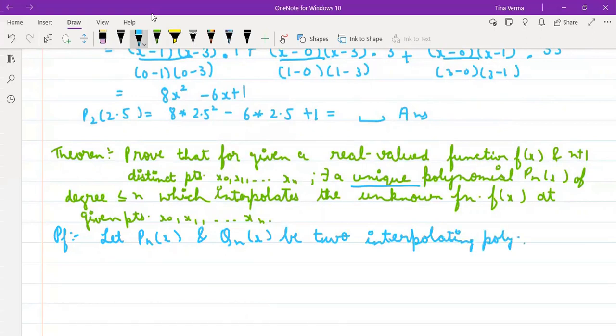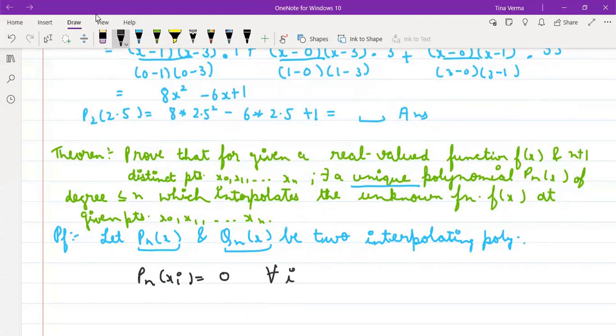जो भी मुझे डाटा पॉइंट्स गिवन है x0, x1, xn, उन पॉइंट्स के लिए मैं क्या लेके चल रही हूँ कि Pn(x) और Qn(x) मेरी इंटरपोलेटिंग पॉलिनोमियल है. अगर Pn(x) और Qn(x) मेरी इंटरपोलेटिंग पॉलिनोमियल है, तो Pn(xi) मेरा क्या होगा?